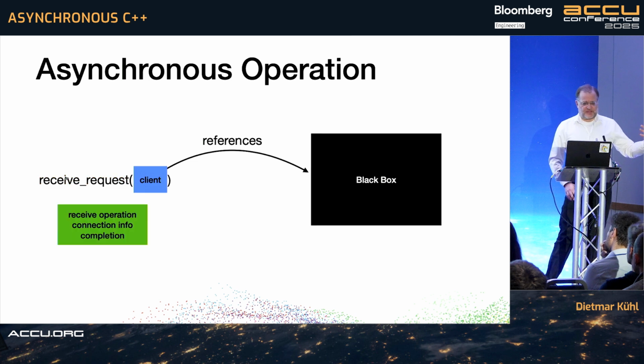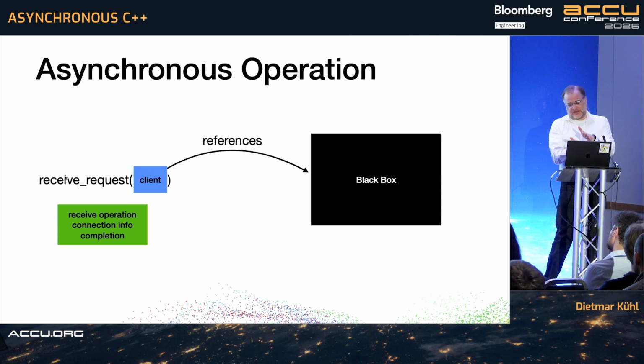Once we started, we have some kind of receive operation, which has some connection information where we get things from and a way to complete. I talked earlier about how we need to have a start and a complete, and we can represent how we complete as well.